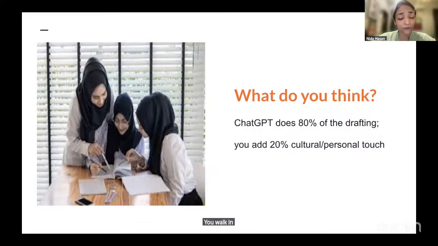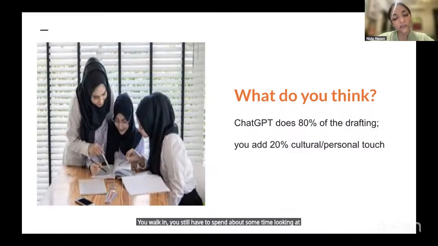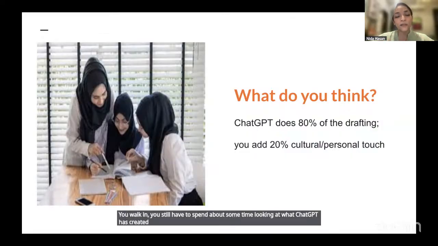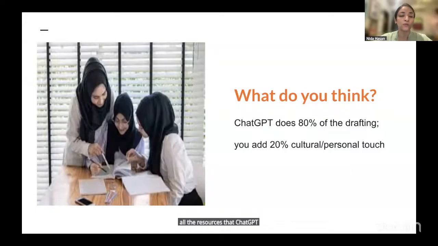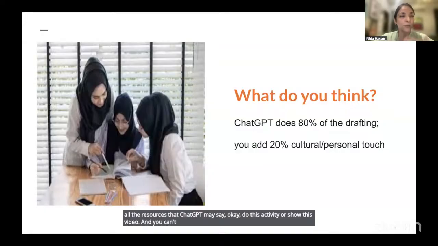You still have to spend some time looking at what ChatGPT has created, what is usable in your environment, because at times we do not have all the resources that ChatGPT may say, okay, do this activity or show this video, and you can't show the video because the internet is down or the TV is not working, or you don't have the TV or that resource available with you. So how are we going to do that?